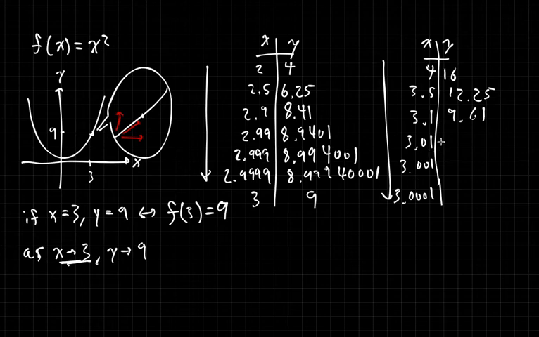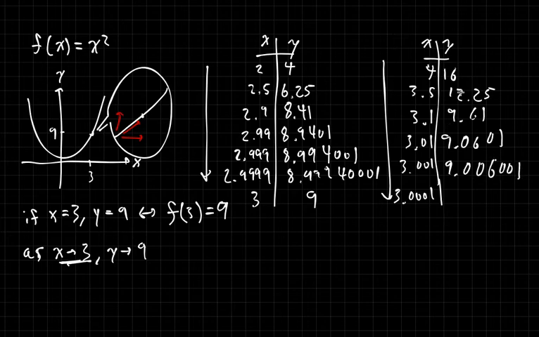3.01 gives 9.0601. Okay, 3.001, it gives 9.006001.